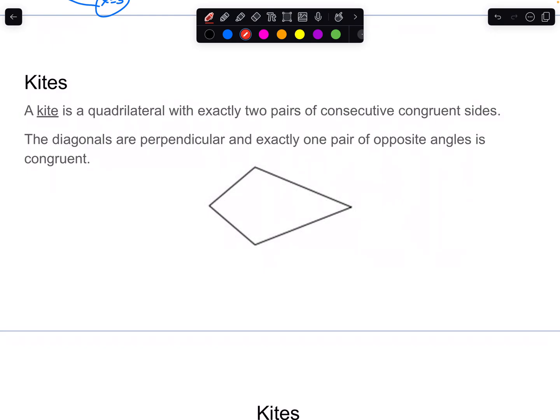But what we're going to notice here is that it becomes a kite exactly when the diagonals intersect at 90 degrees. There's no parallel lines, and the diagonals intersect at 90 degrees. When that happens, we're going to have two pairs of consecutive congruent sides, which means this length is going to match this length, and this length is going to match this length.